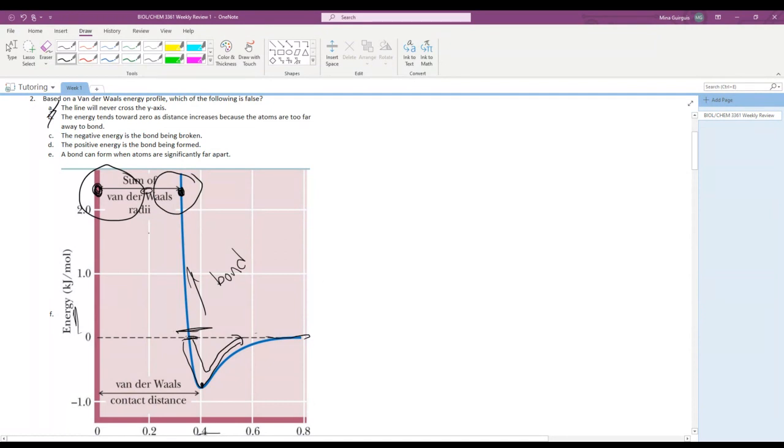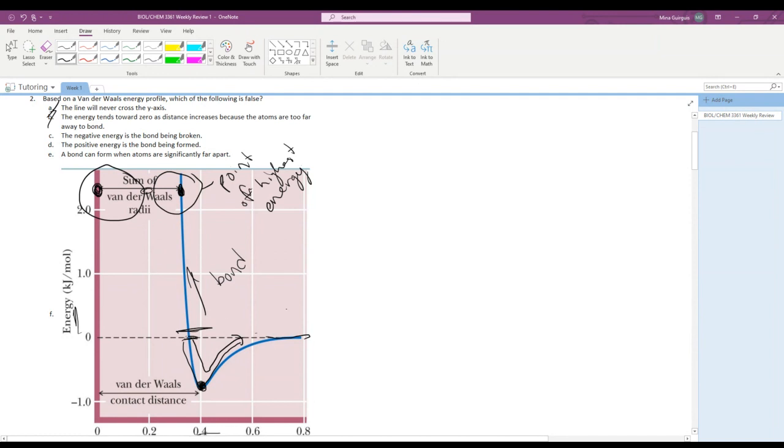So these two, this point right here that I labeled, and this point down at the bottom that I labeled, these two have names. This is the point of highest energy. No matter what happens with these two atoms, they cannot get closer together, and so they can't get higher in energy than they are now.